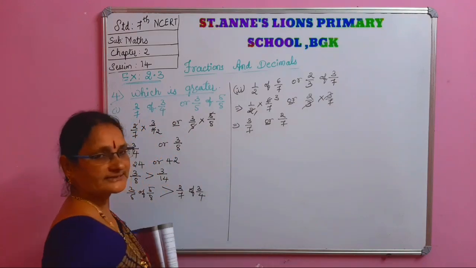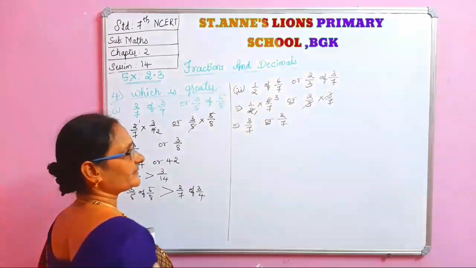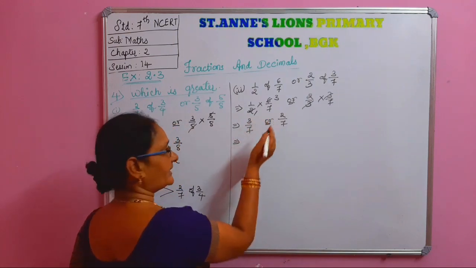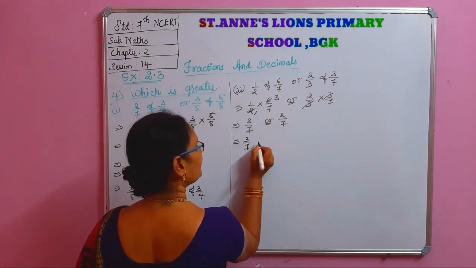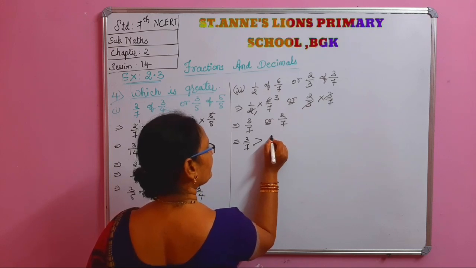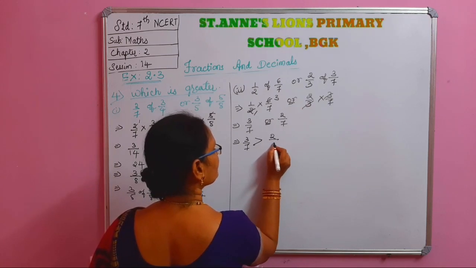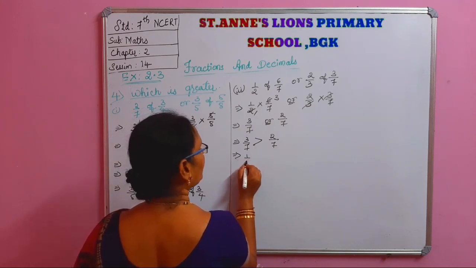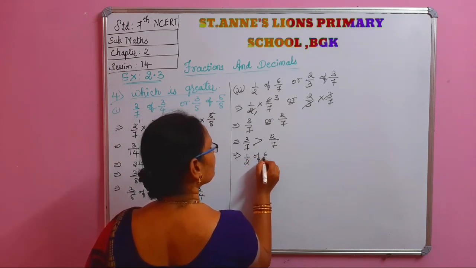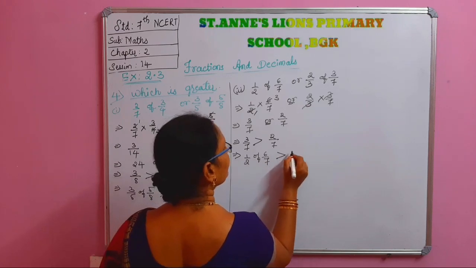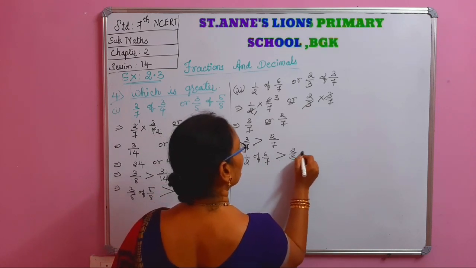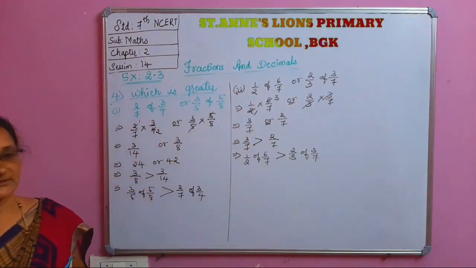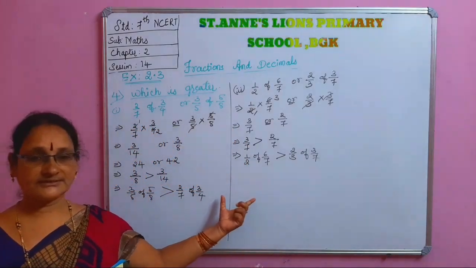Now both have the same denominator. Then which is bigger here? Bigger numerator will be bigger. So 3 by 7 is greater than 2 by 7. So this implies that 1 by 2 of 6 by 7 is greater than 2 by 3 of 3 by 7. This is the method of doing the sums.